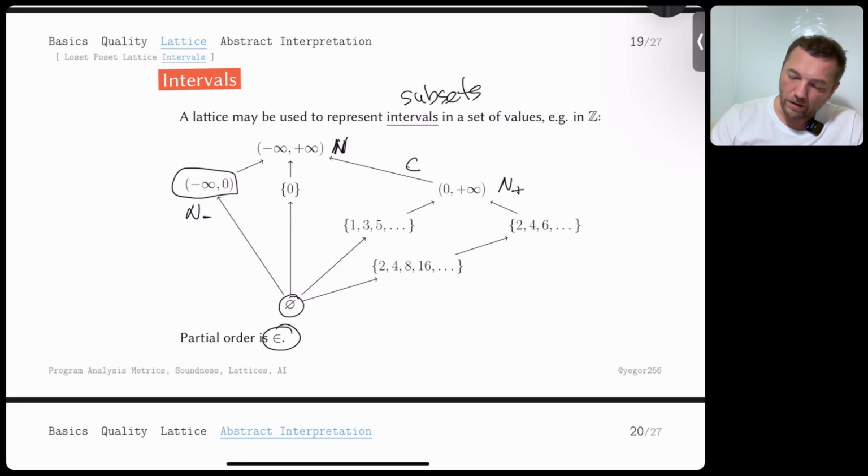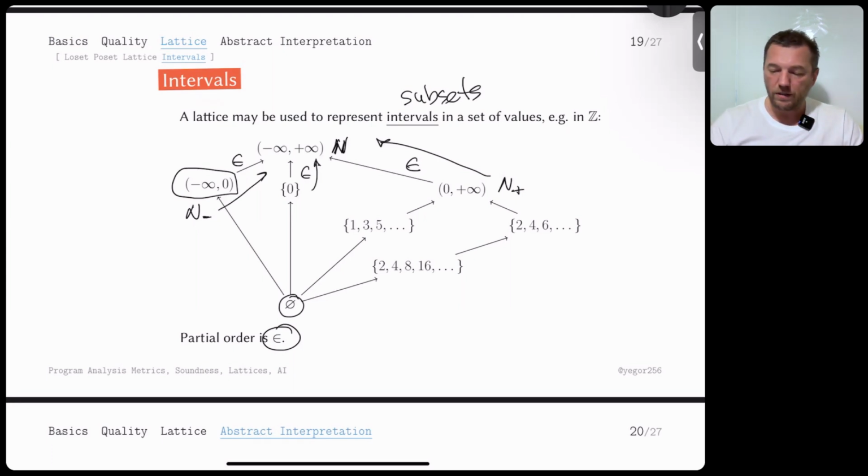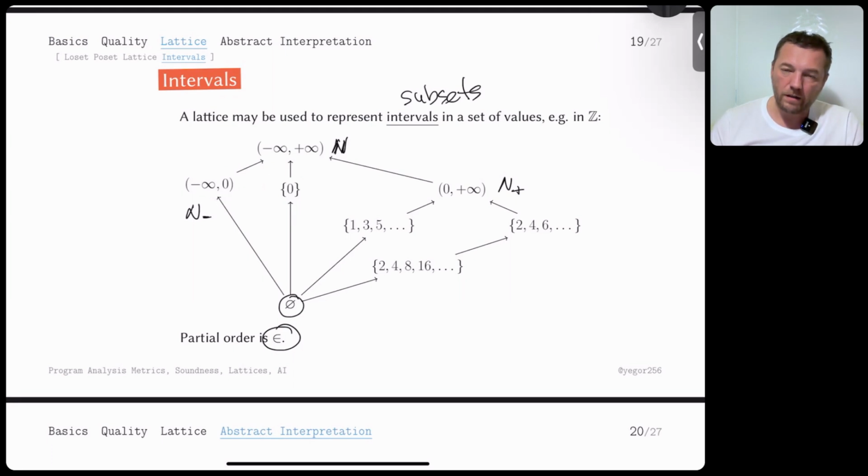So N minus belongs to this, and 0 belongs to this. These three sets are the subsets of the largest set.